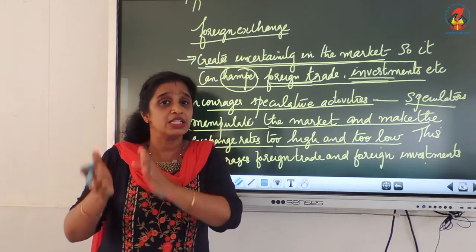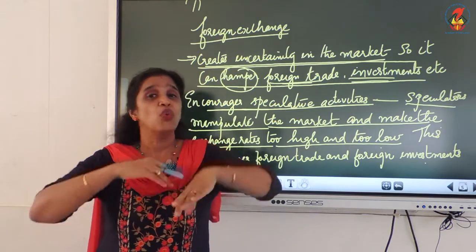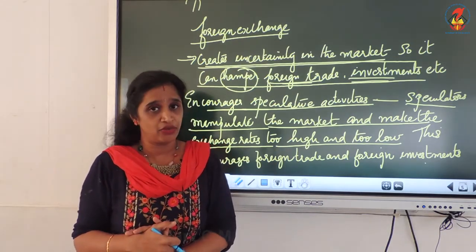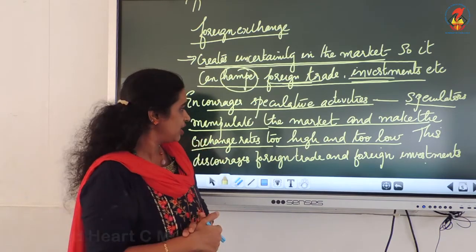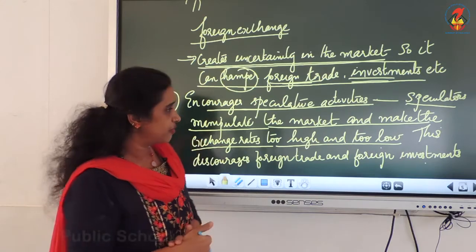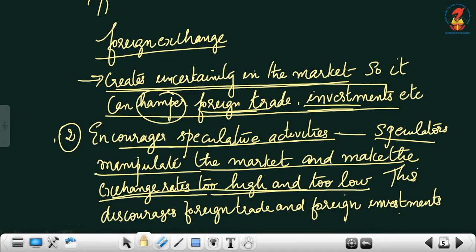This simultaneous purchasing or selling can create wide fluctuations and make the value of foreign exchange too high or too low. Therefore, such speculations can make the exchange rates too high or too low.